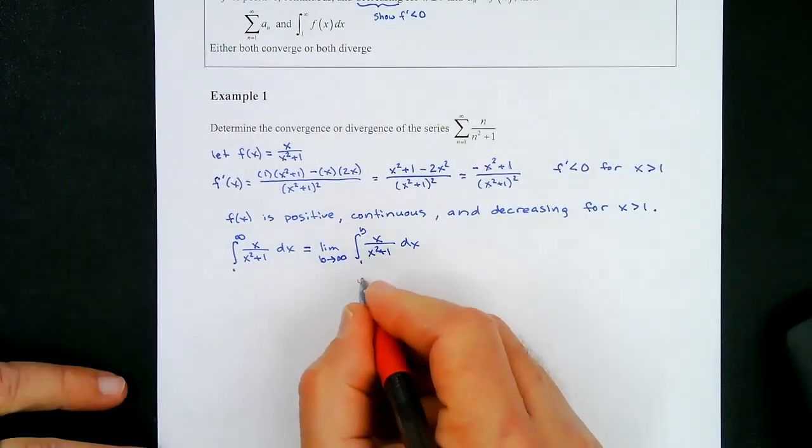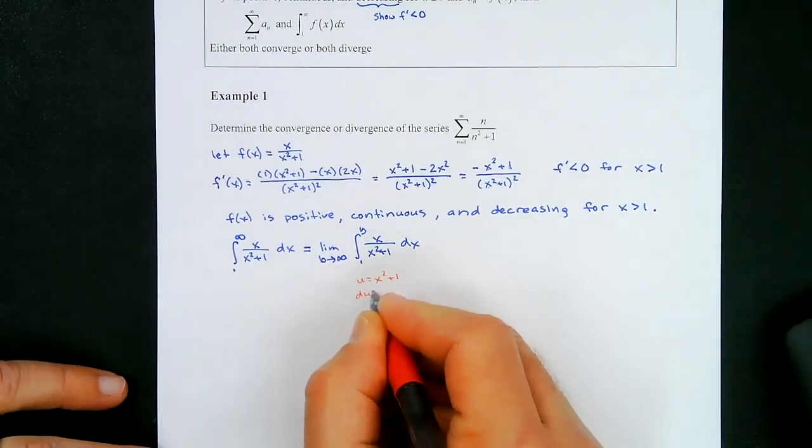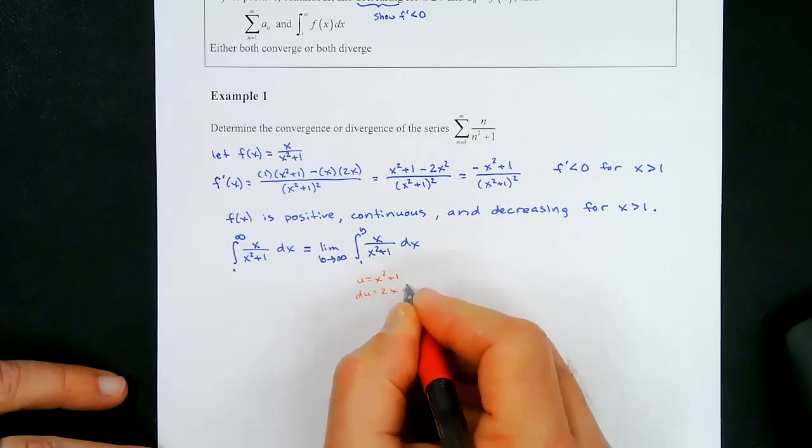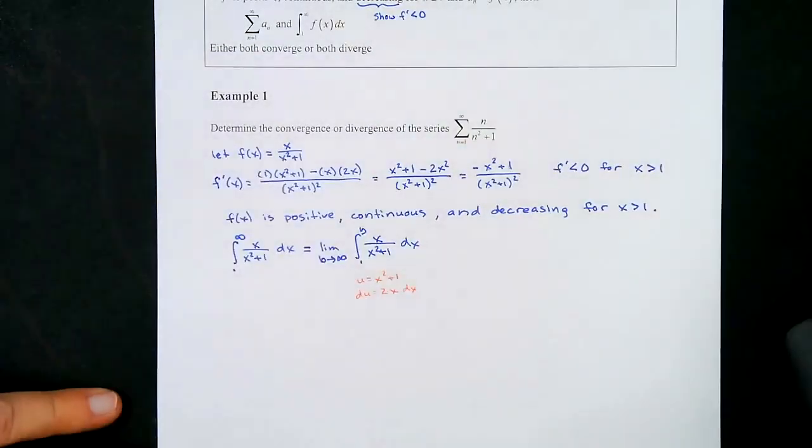So we're going to let u equal x squared plus 1, and du would be 2x dx. So I need a 2 here, so I also need to multiply by 1/2.